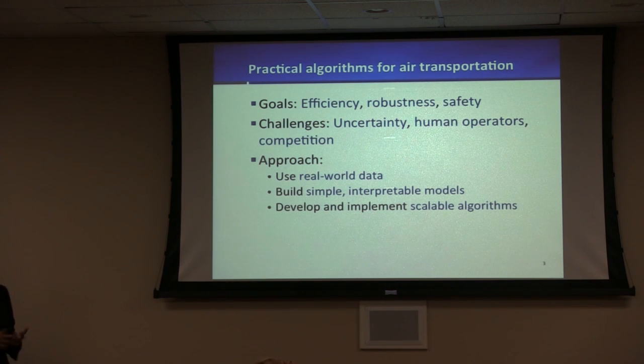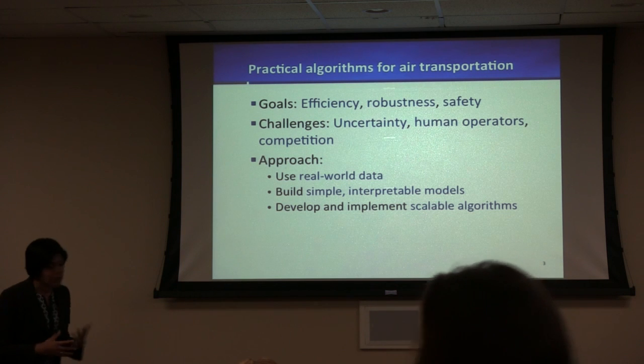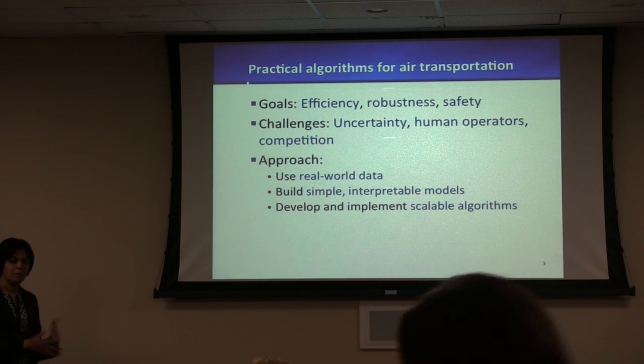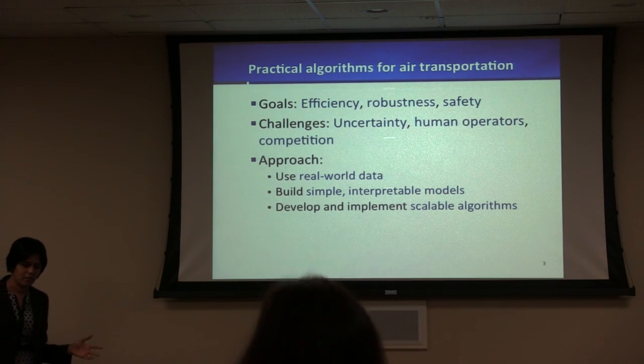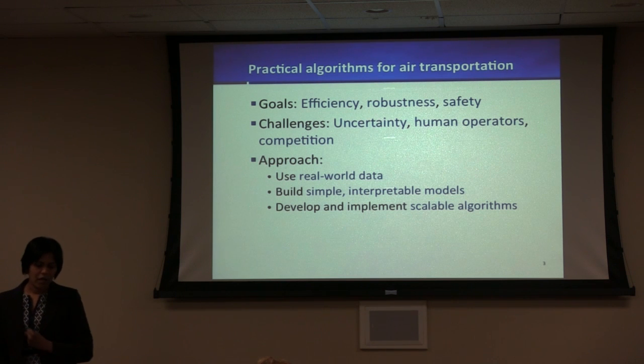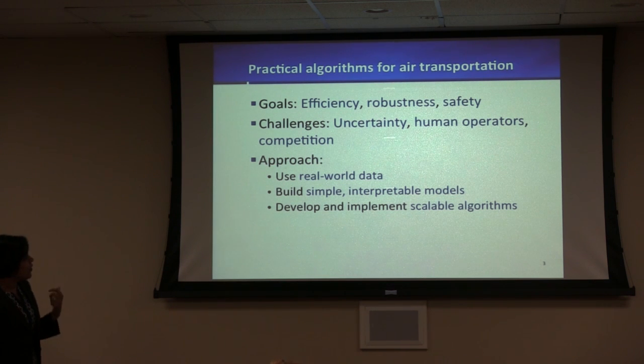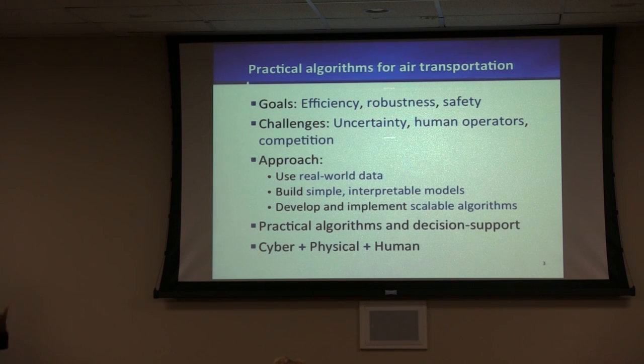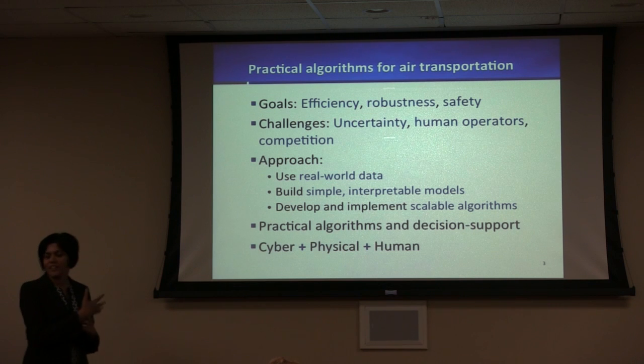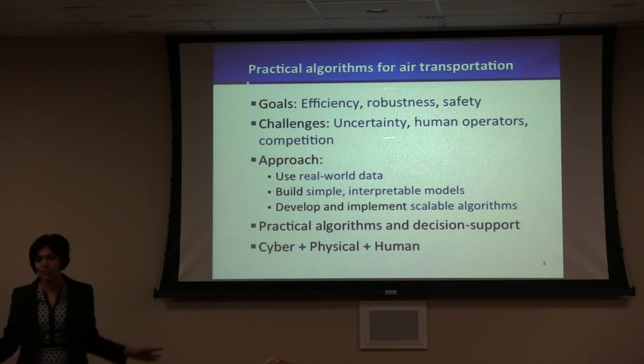And we want to use this to develop and implement scalable algorithms. Scalable because we know there's going to be an increasing demand, and we want to be able to accommodate that. So ultimately, if we use these, we can build practical algorithms that we can implement, and decision support for human controllers. So nothing that I say today is going to take the human out of the picture.